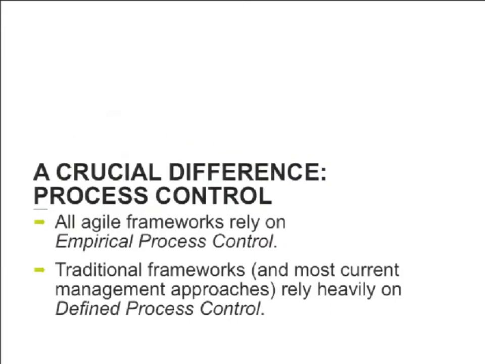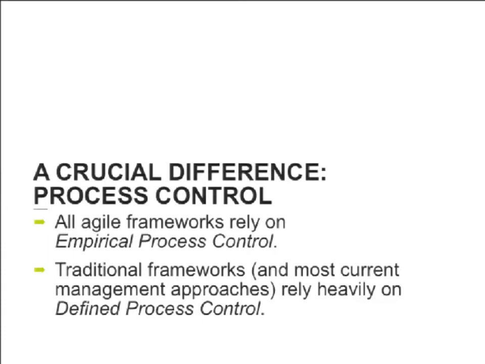The crucial difference really between these two approaches, and it's quite a fundamental difference, the waterfall approach and the agile approach, is something called process control. So how do you actually control how this thing works, how the activities work?